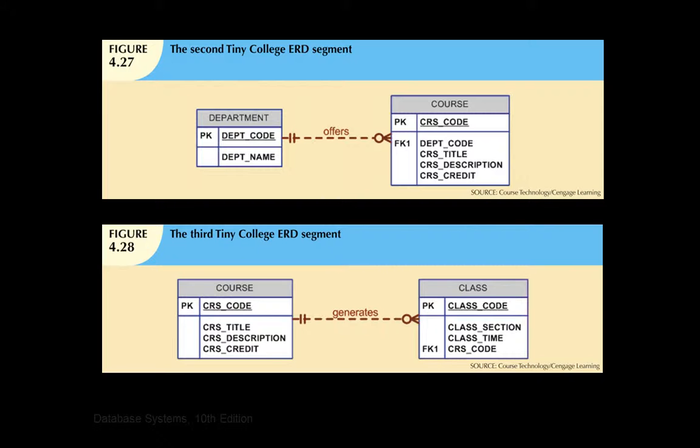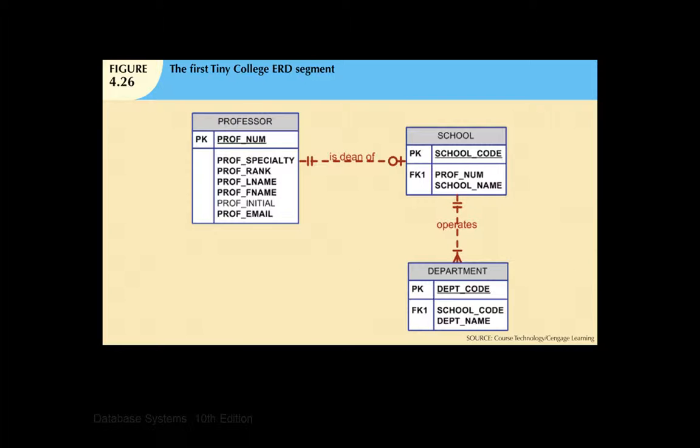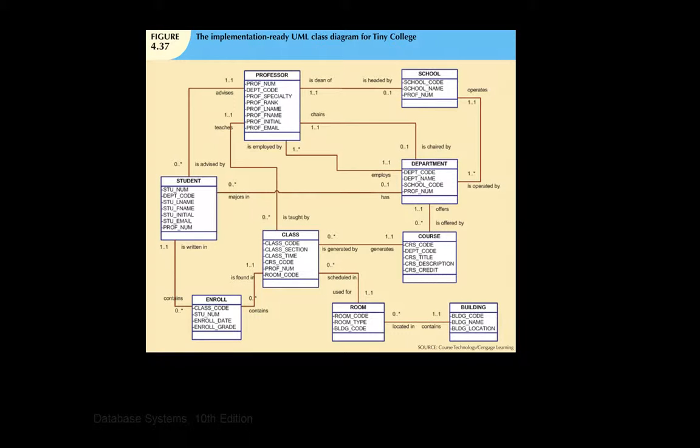Here are examples of binary relationships. A ternary relationship, going a step further. And then this is an implementation ready ER diagram for the tiny college that our textbook uses as an example and a developmental database.